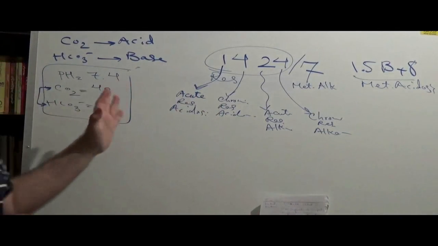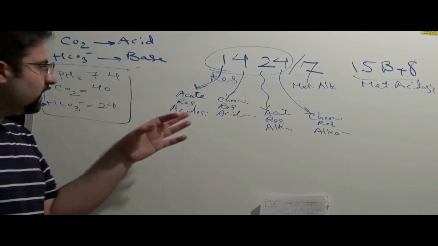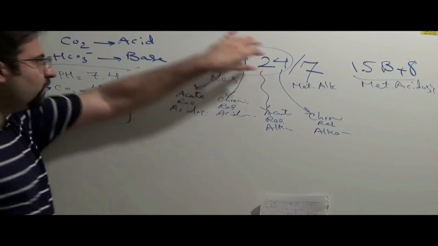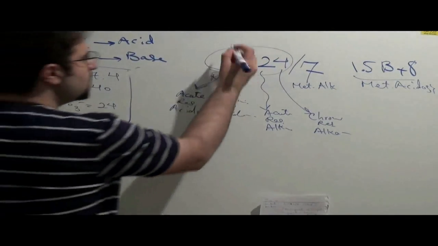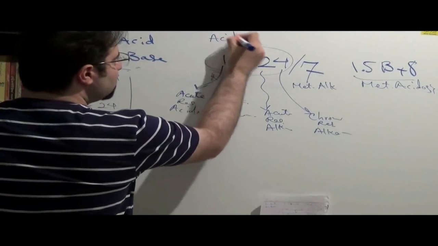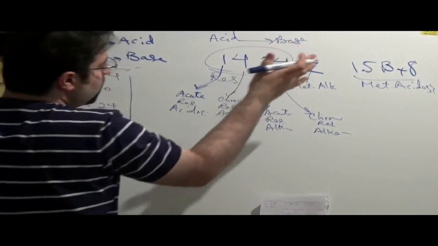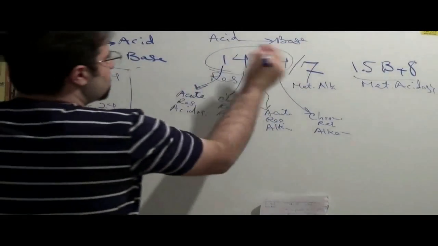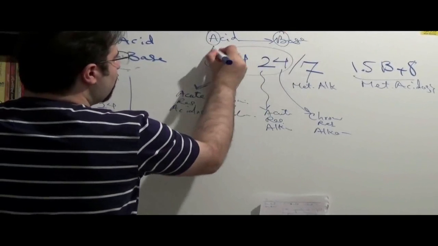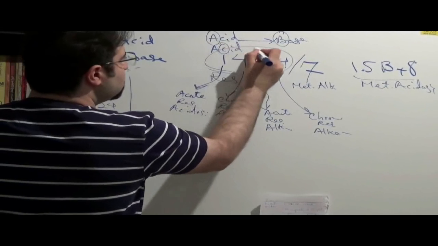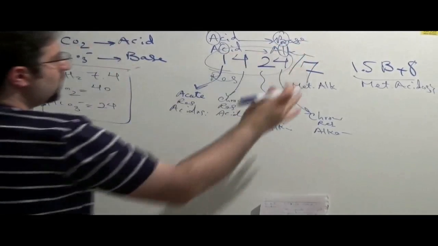And if you have a problem remembering which one was for acidosis or which one for alkalosis, we go from acid to base. You can learn it by, for example, acid, A is sooner than B, or acid, C is sooner than alkalosis, than L.